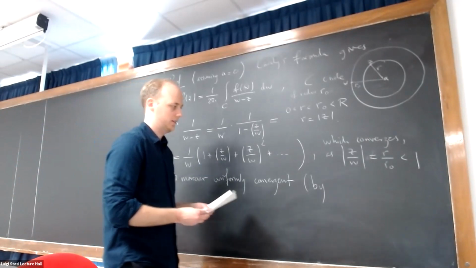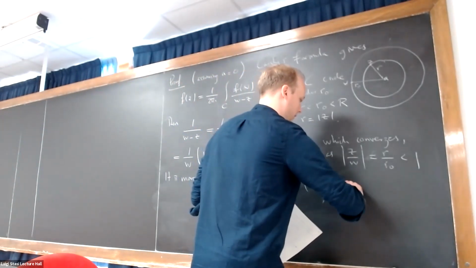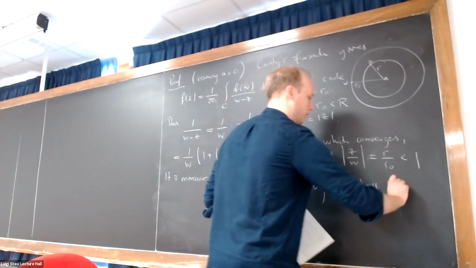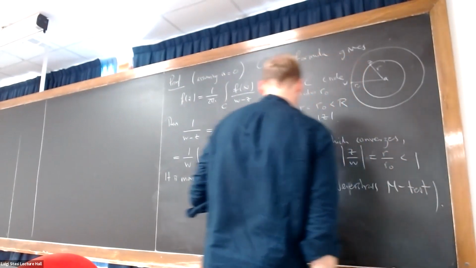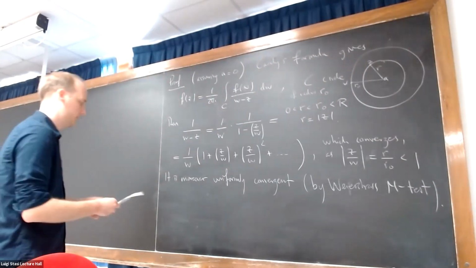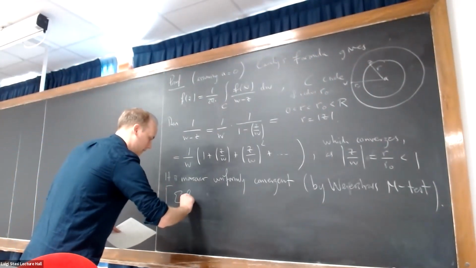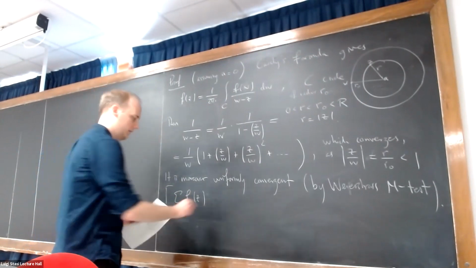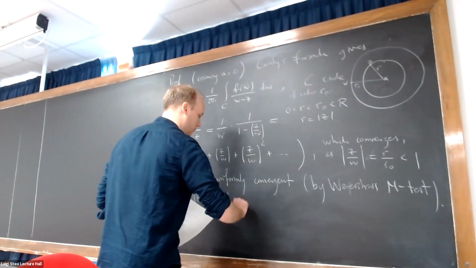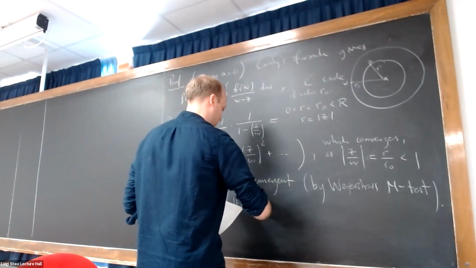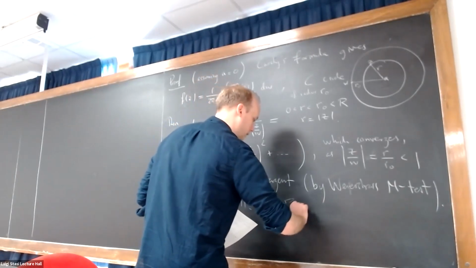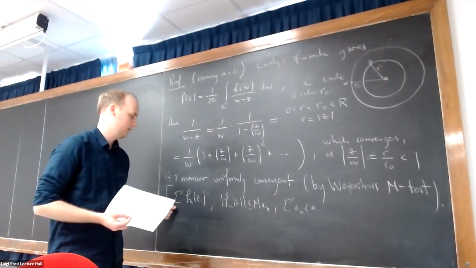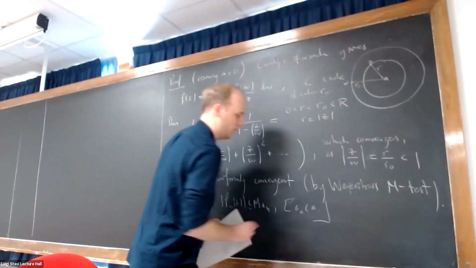The reason is that all of a sudden the Weierstrass M-test comes back. You recall that if you look at the sum of some functions f_n of z, and you have that the absolute value of f_n of z is less than or equal to M_n, where the sum of the M_n converges, then this sum converges uniformly.